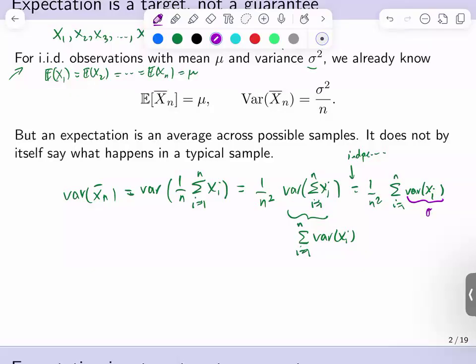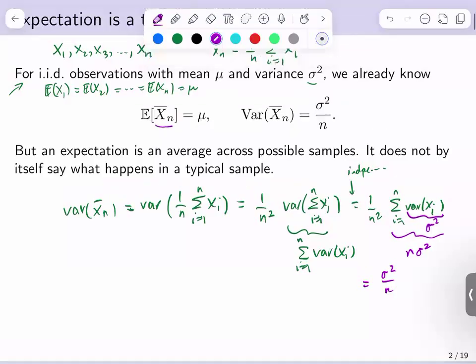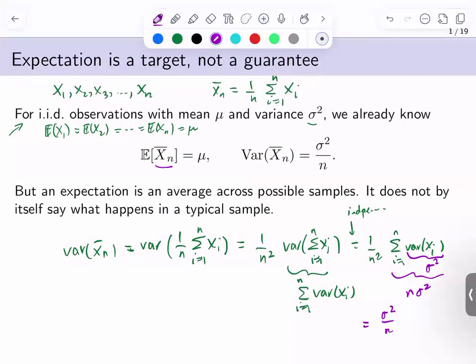Yes, so each one would be sigma squared and doesn't depend on i. So this whole thing would be n times sigma squared, and one of the n's cancels. So I have n squared in the denominator, and this gives me sigma squared over n. This is the key fact: the empirical average has the same expectation or mean as each one of them, but its variance is much smaller. As n grows, this goes to 0.